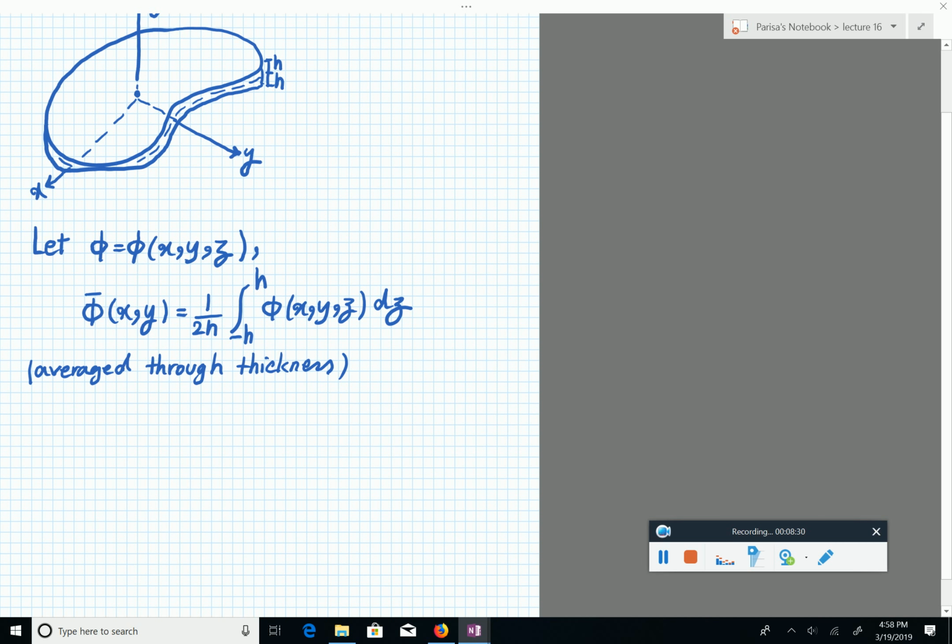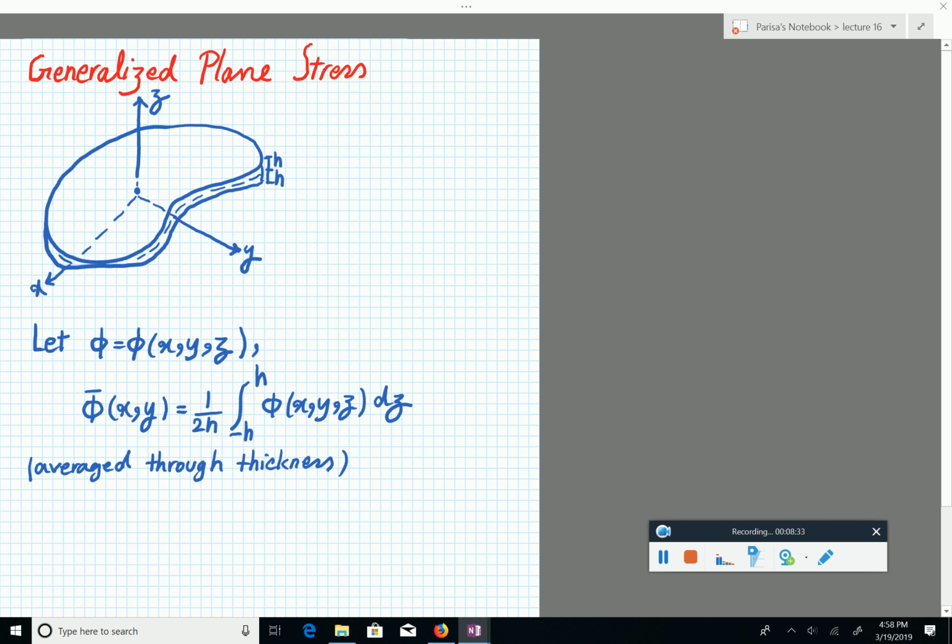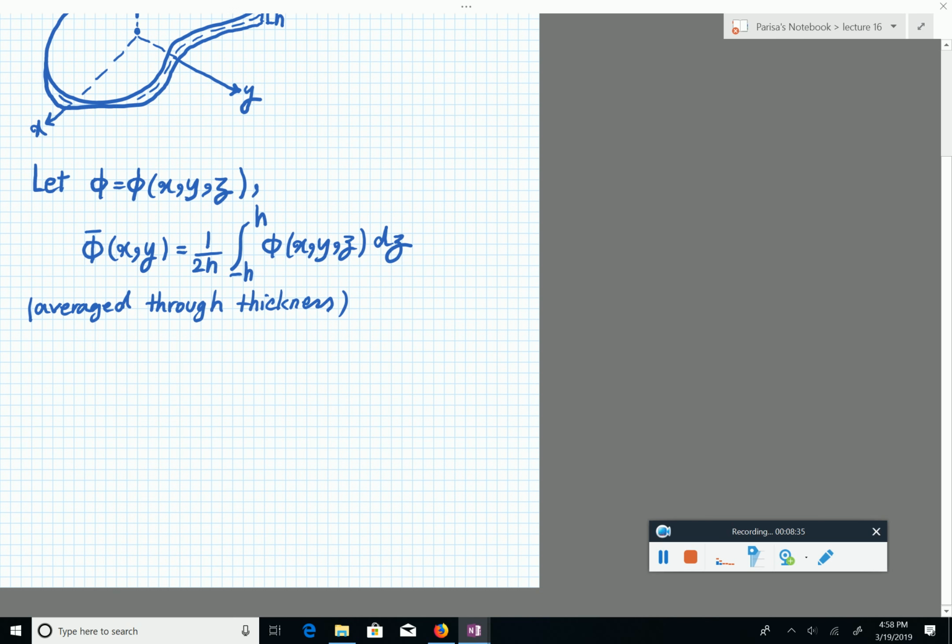Using this averaging, they came up with generalized plane stress, which is defined as follows. These are the conditions. Using the same notation as before, we assume that u, v, the displacements in the x and y direction, and fx, fy are even functions of z, where z is the direction through the thickness.